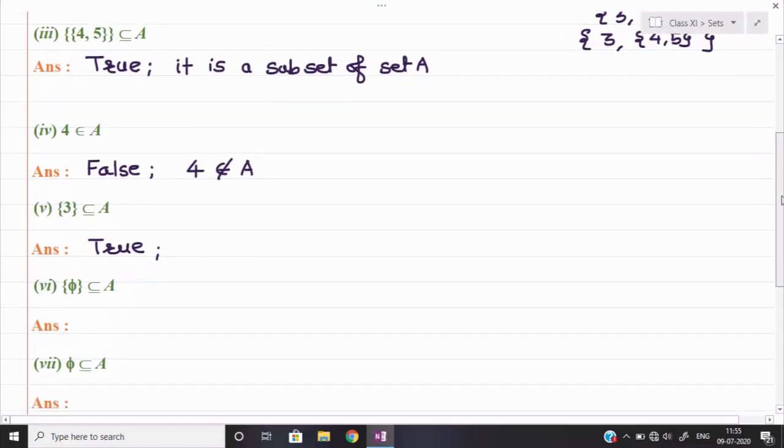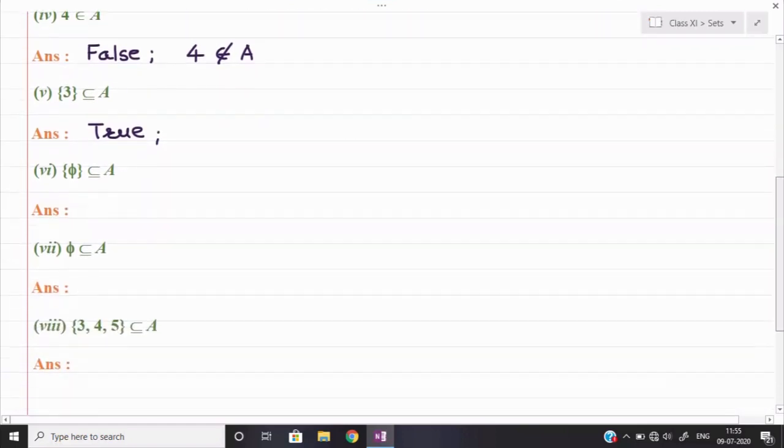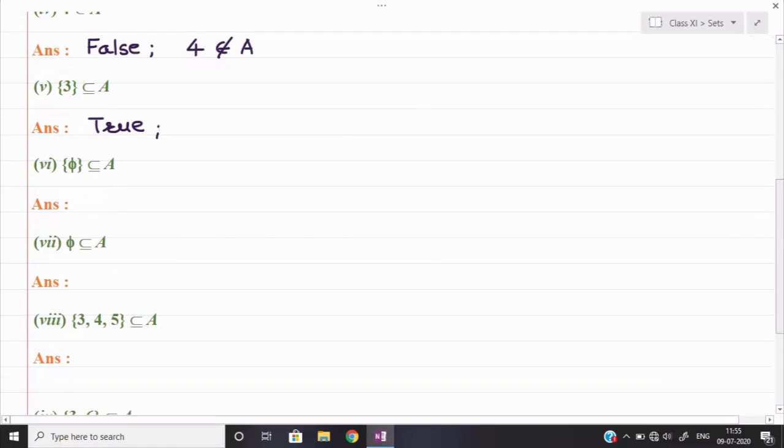Now similarly, see part number 6. Phi along with the curly bracket is a subset of A. I have told you earlier, phi doesn't require any bodyguard, meaning phi doesn't require any curly bracket. Phi is not coming along with the curly bracket here, so remember, this will be a false statement, and phi subset of A given below will be a true statement.